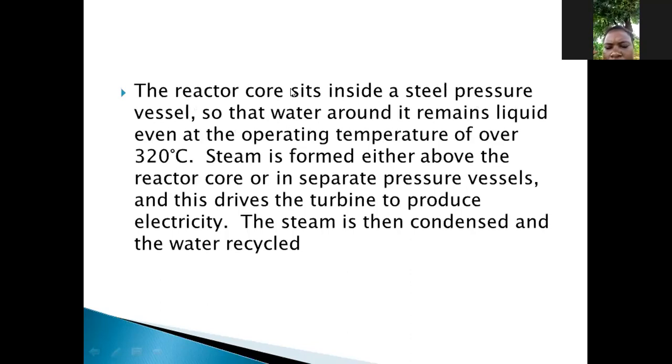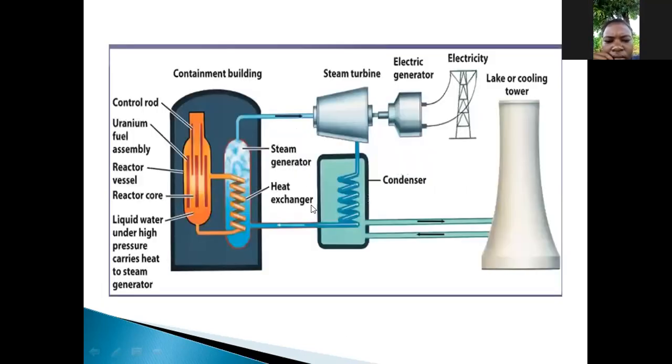The reactor core, or what you're calling the fuel rods, that's the uranium rods, is housed in a steel pressure vessel so that water can move around it, especially for controlling temperature. If you look at the diagram here, we have a containment building where we have our primary fuel cells.